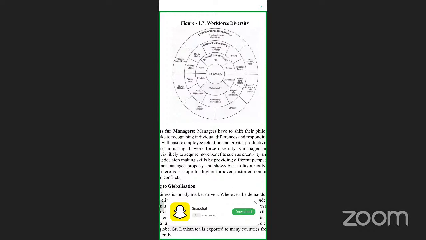On internal, the various dimensions which can be focused and worked on by an organization are age, gender, orientation, physical ability, ethnicity, race, etc. Next, on external dimensions, we have income, personal habits, recreational habits, religion and spirituality, educational background, work experience, appearance, parental status, marital status. On these lines, to overcome certain challenges and make the individual members happy.